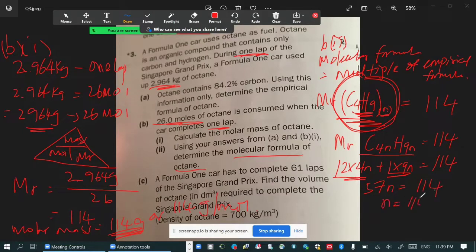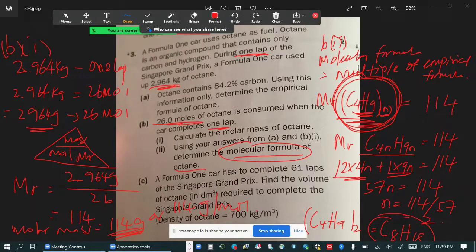So n is 114 divided by 57, n is 2. When n is 2, can you find out the molecular formula? C4H9, the n is 2, which means C8H18. So this is the molecular formula for octane.